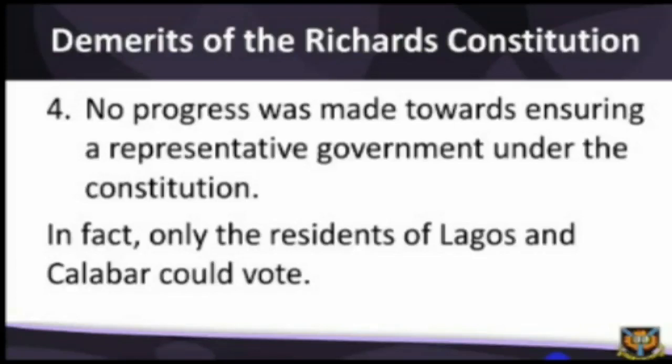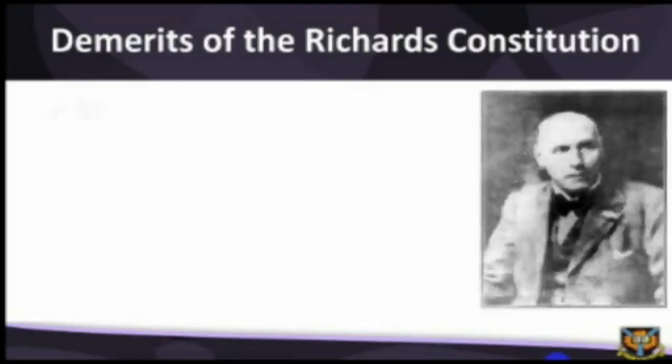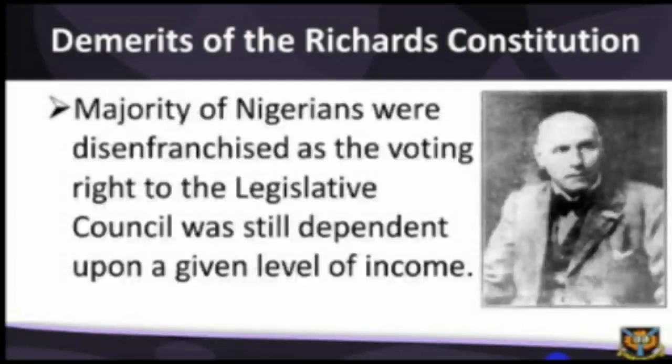In fact, only the residents of Lagos and Calabar could vote. Therefore, the majority of Nigerians were disenfranchised, as the voting right to the Legislative Council was still dependent upon a given level of income.